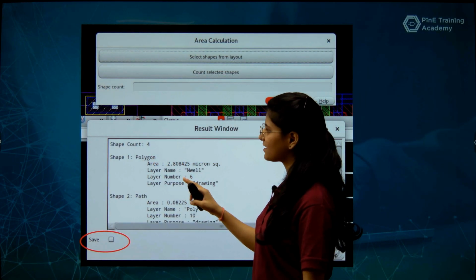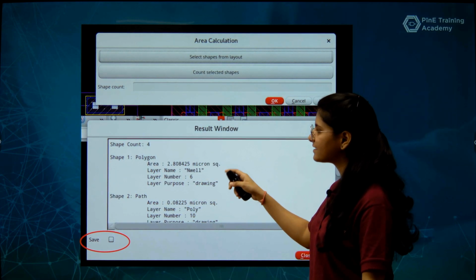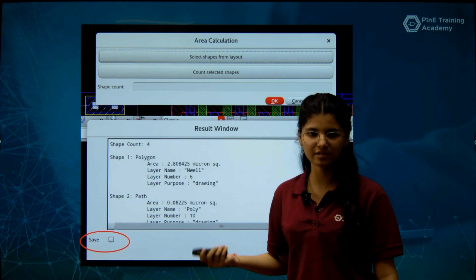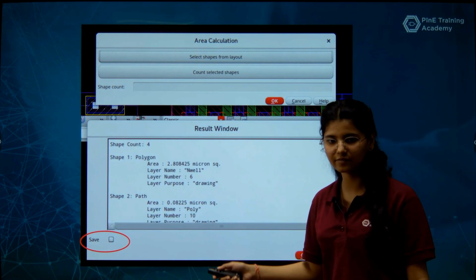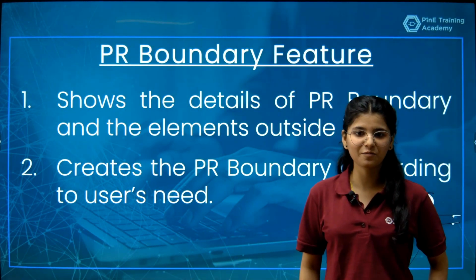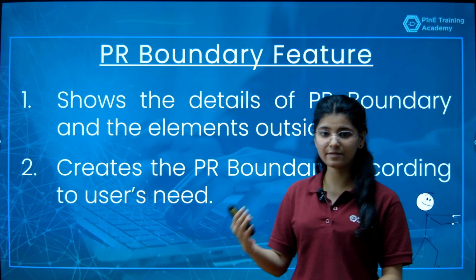Like, as you can see in the result window, we can also obtain the area of the polygon and its layer number, purpose and name. We have also provided an option to save all the information of the result window for the user's ease.